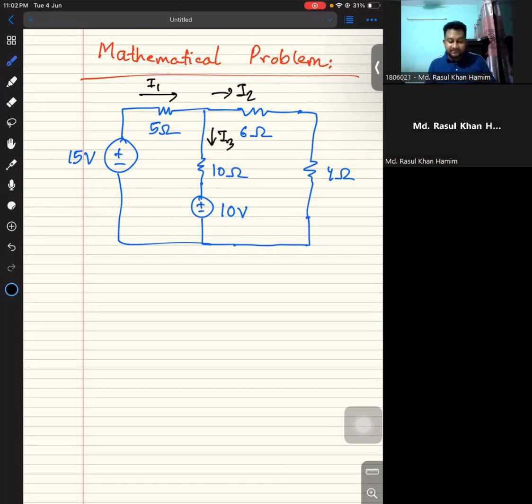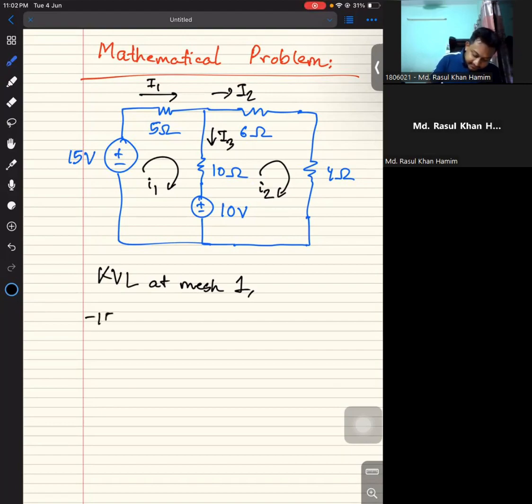Now we are going to define the mesh currents in the two meshes in the circuit. Let us name the mesh current of the first mesh as small I1 and the mesh current in the second mesh as small I2. Now let us apply KVL at mesh 1. We can write minus 15 plus 5 I1 plus 10 I1.